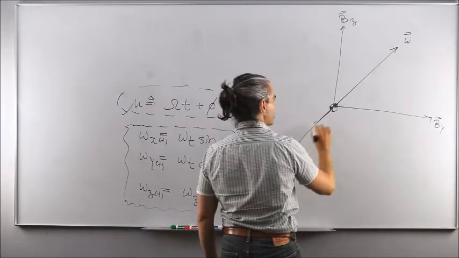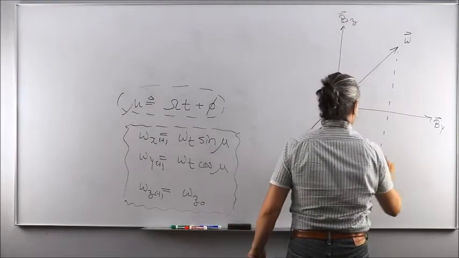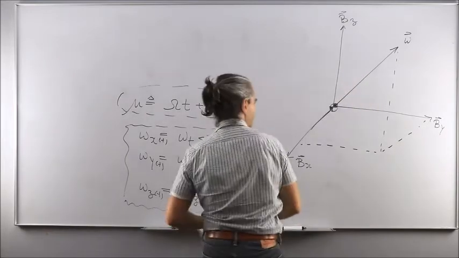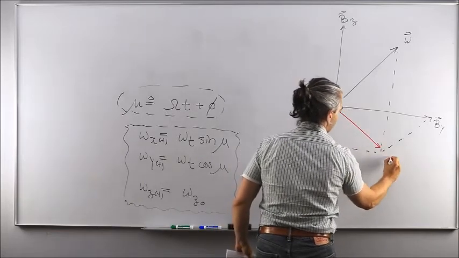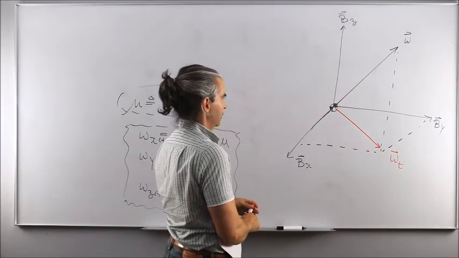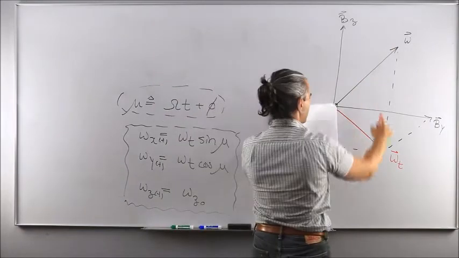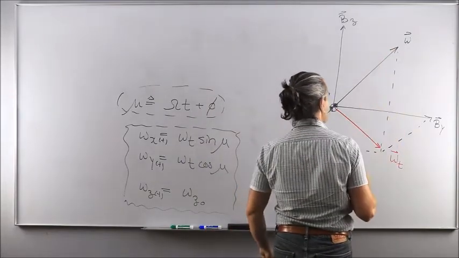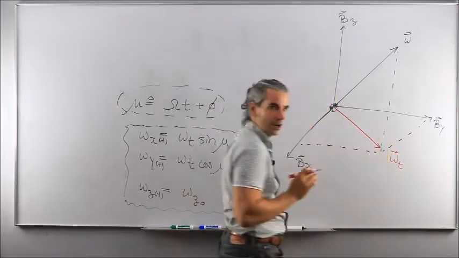Furthermore, we know that the projection of this vector onto the x, y plane, which happens to be our transverse angular velocity, omega t, is also constant in magnitude. So the norm of this projection is constant. The z projection of omega is constant, yet omega x and omega y aren't constant.